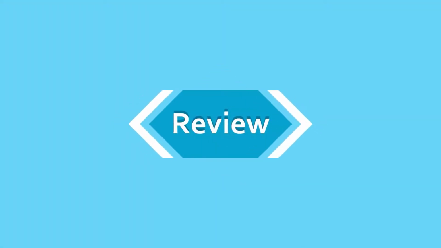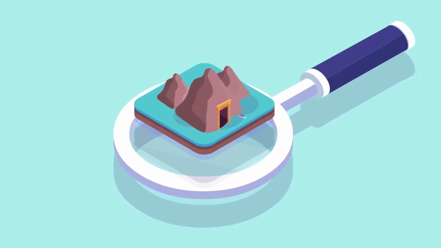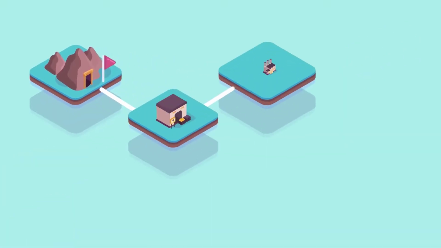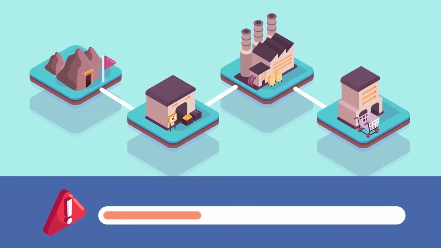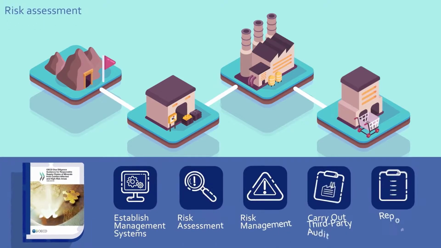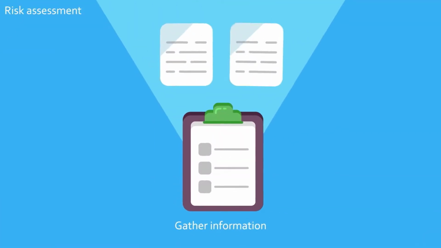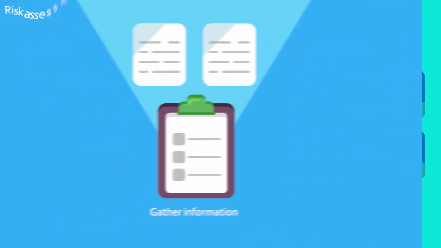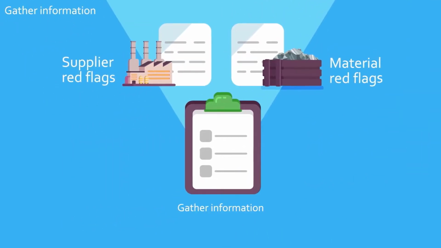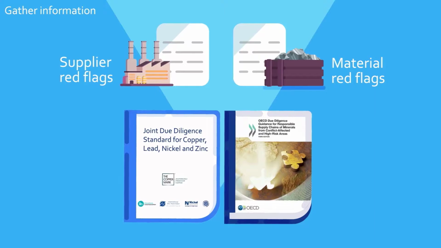As a review, if you confirm red flags with your suppliers or material, there's a potential for serious risks or adverse impacts. So you'd need to conduct a further risk assessment to find out if those risks or impacts actually exist, and then respond to what you find. Gather more information about your supplier or material as defined in the joint standard.